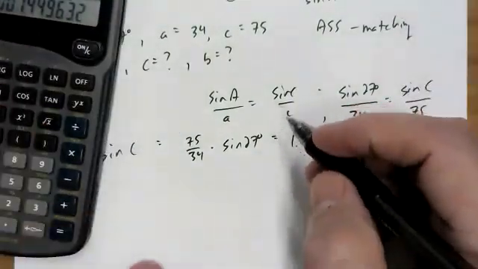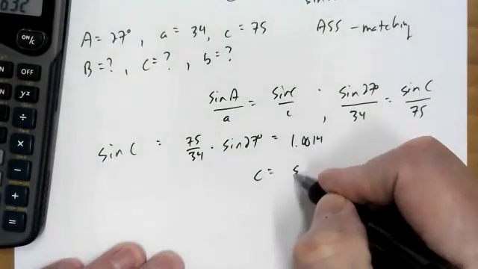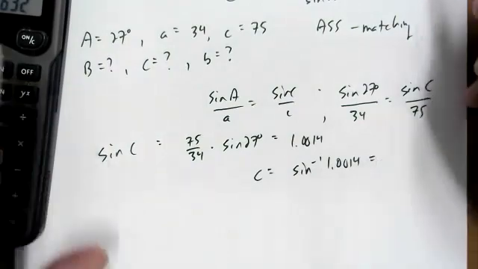So therefore, C equals the inverse sine of 1.0014.